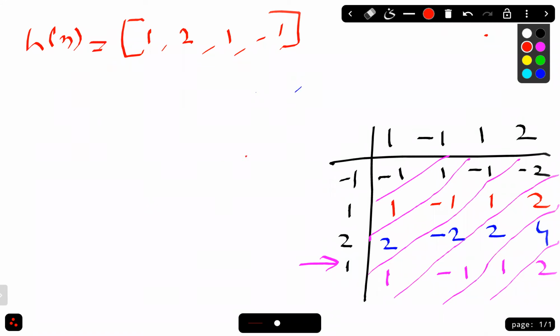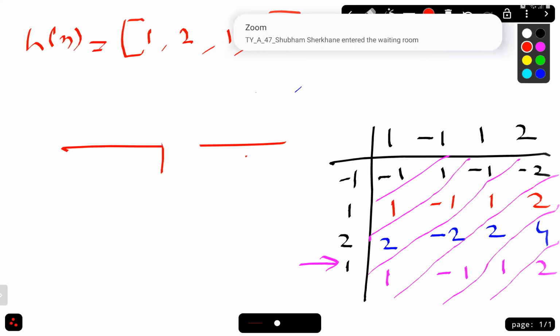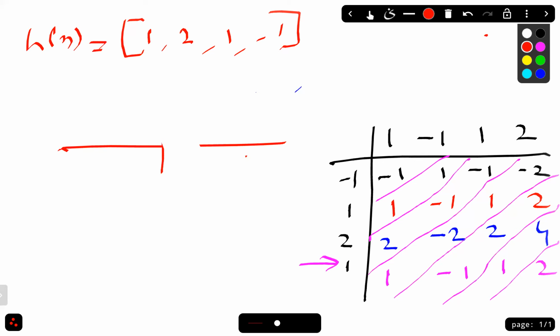So if I want to plot this, so let me write it here. प्लॉट कसा करणार होता प्लॉट? We have a sample at 0. ठीक आहे, 0 ला एक सॅम्पल आहे आपलं. This is 0 1 2 and 3.